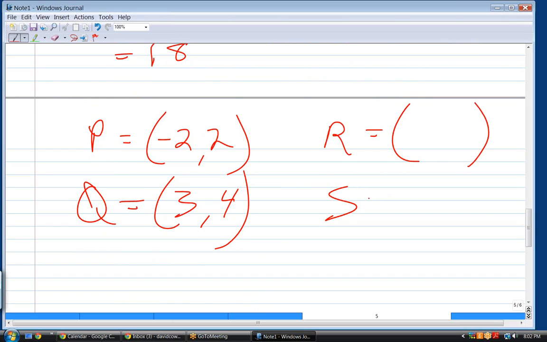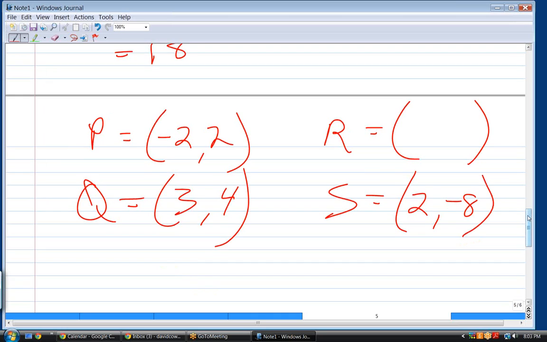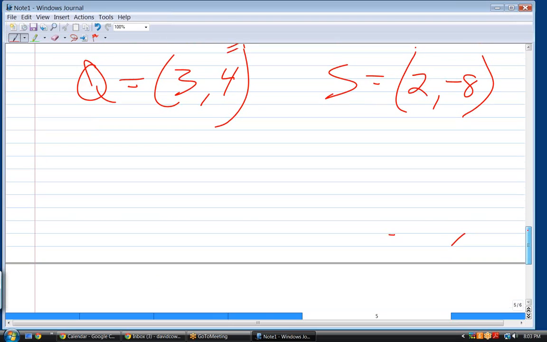S was... I guess that's the only one we need. 2, -8. So they want the vector QS, and they want it in component form, and they want the magnitude of it? Right? Yeah. Okay. What's its component form?